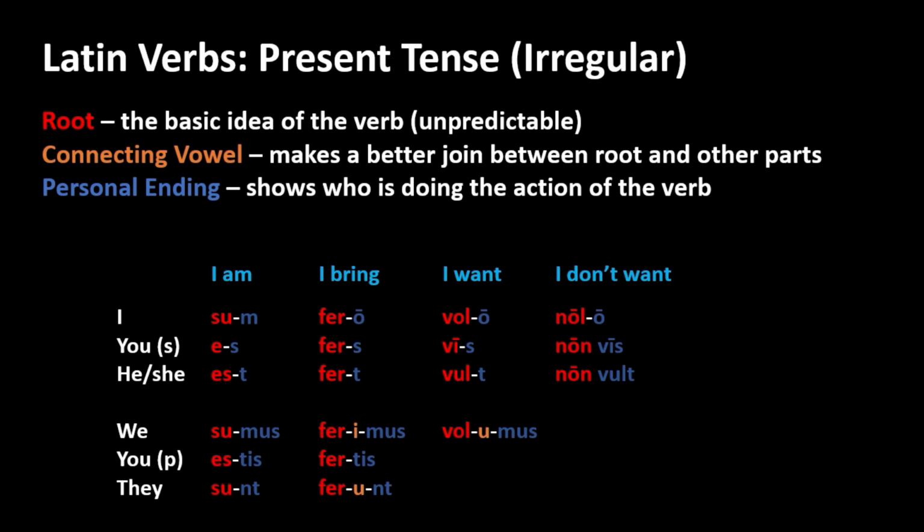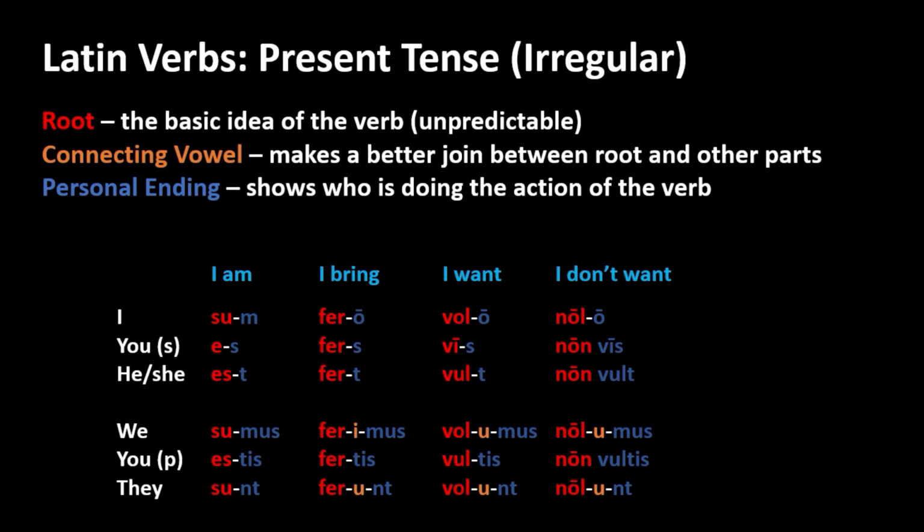We have a root, we have a connecting vowel, and we have the usual personal ending. Nolumus, the same. Vultis, nothing regular here. Non vultis, not predictable. Volunt, not predictable. Nolunt, not predictable. With these two verbs, you cannot predict any one part by looking at another.